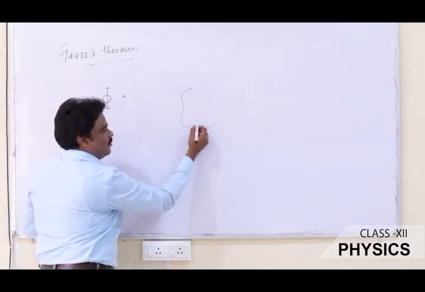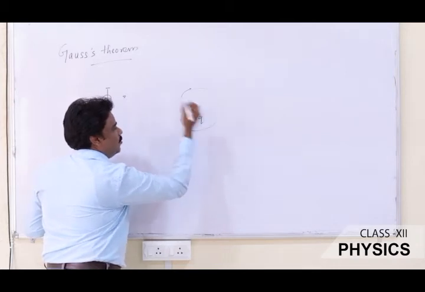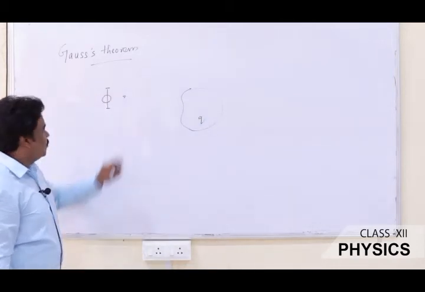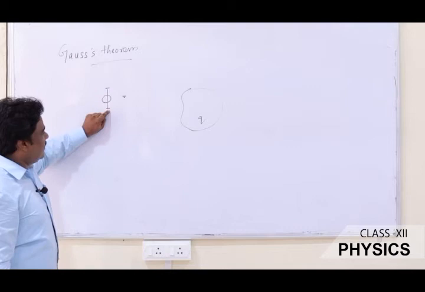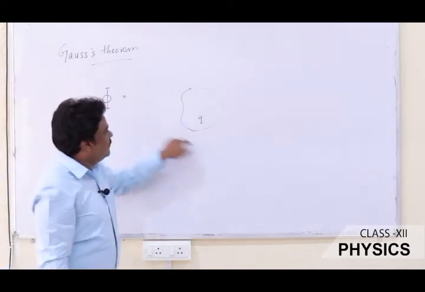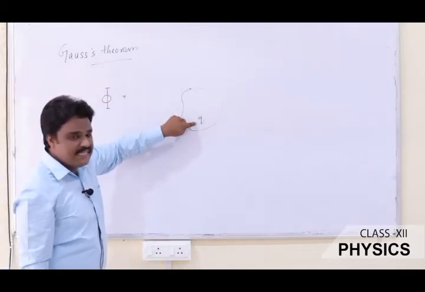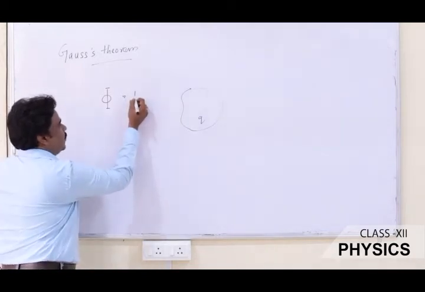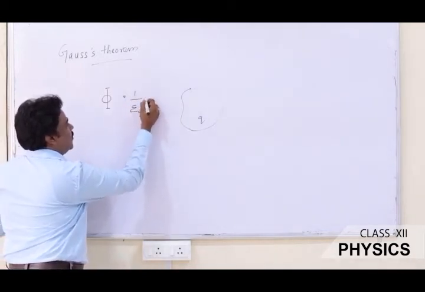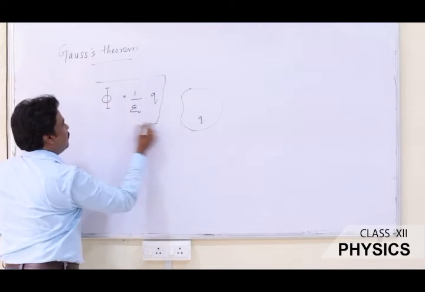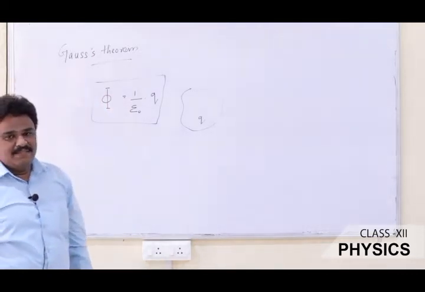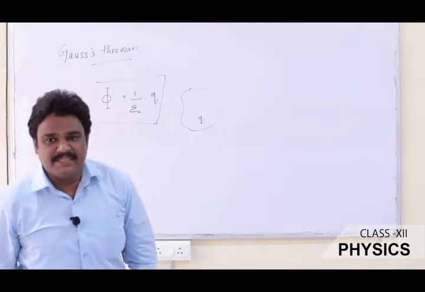I assume this is a closed surface in which charge Q is enclosed. According to Gauss theorem, the total electric flux linked with a surface enclosing a charge Q is equal to 1 by epsilon naught times the magnitude of charge enclosed. This is the statement of Gauss theorem.